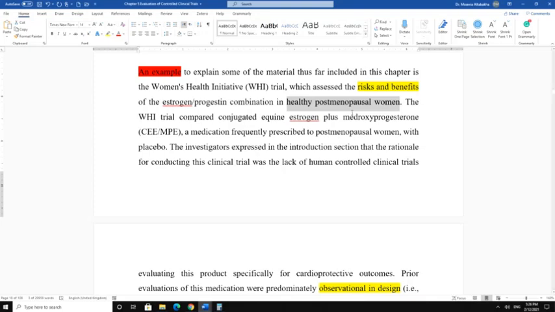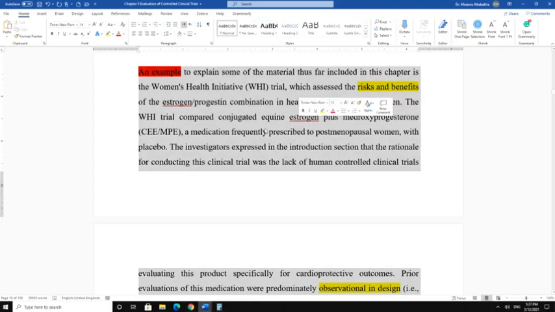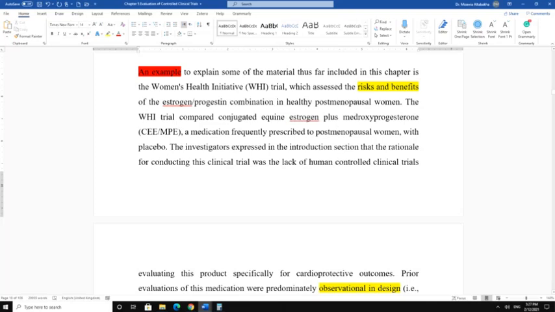Otherwise healthy, but after they reached menopause. The WHI trial compared conjugated equine estrogen combined together with progesterone. They wanted to give these two combined, estrogen with progesterone, to healthy postmenopausal women and see whether it has beneficial effects or not.